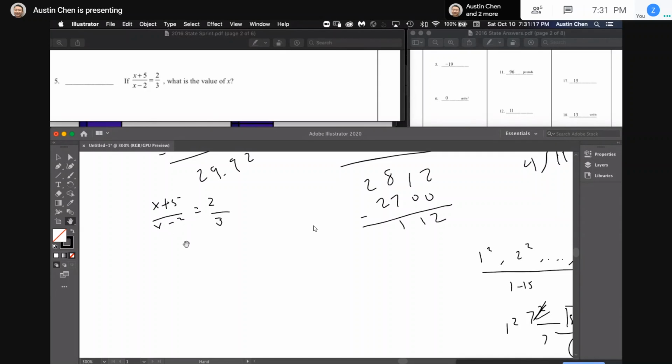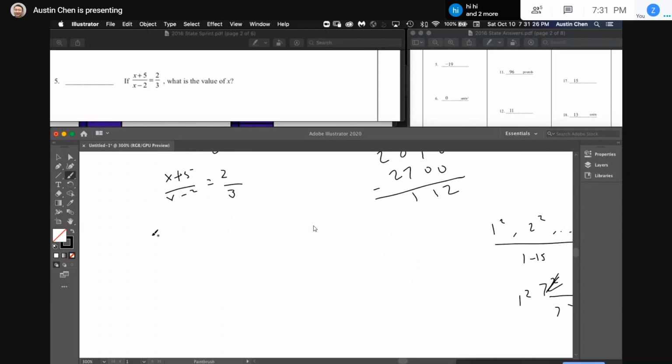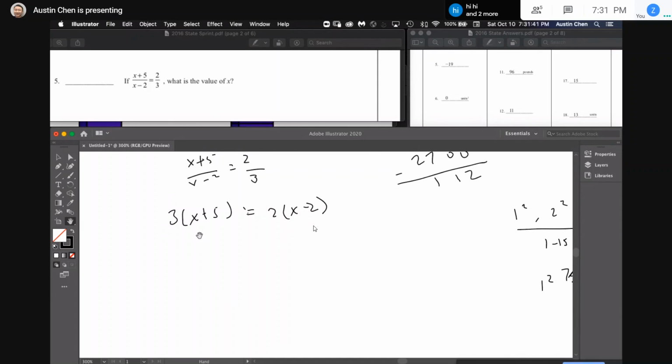We multiply both sides by x minus 2 to get rid of the denominator, and by 3 to get rid of the fractions. The x minus 2 cancels on one side and the 3 cancels on the other, and we multiply out and solve for x.